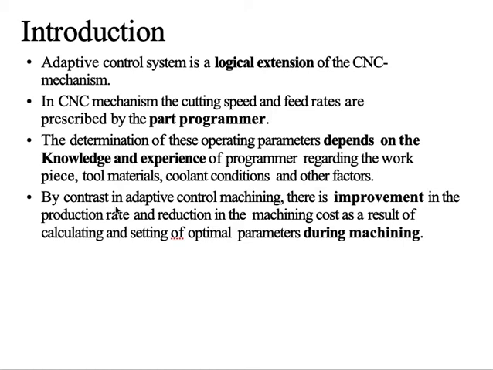By contrast, in adaptive control machining, there is an improvement in the production rate and a reduction in machining cost as a result of calculating and setting the optimal parameters during the machining.